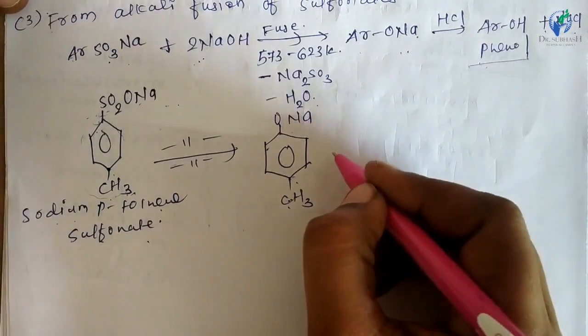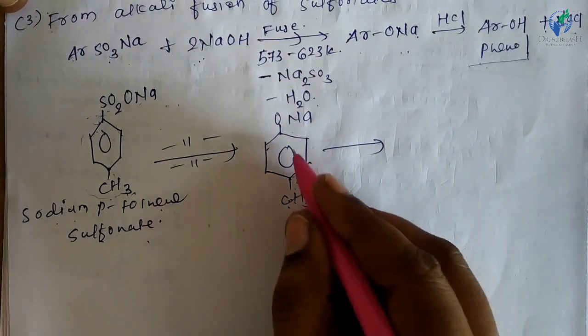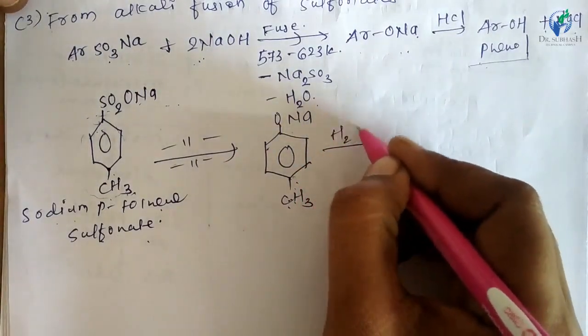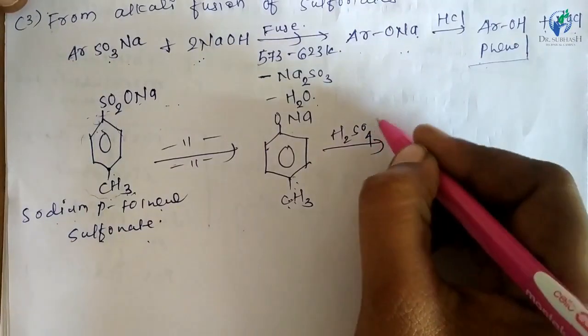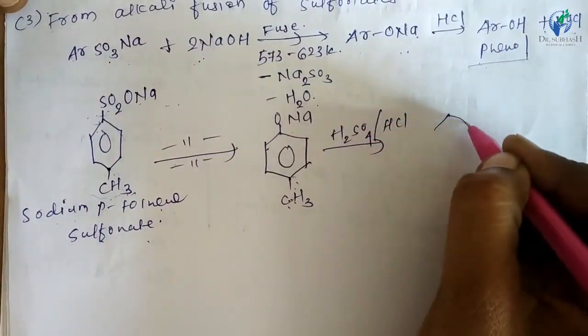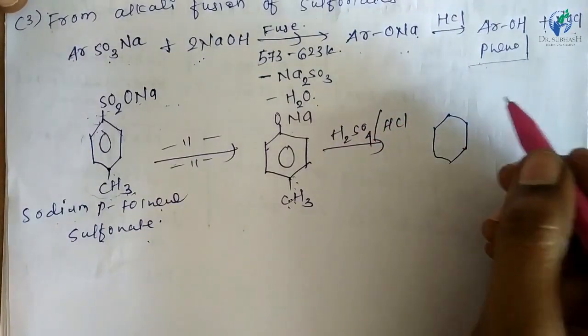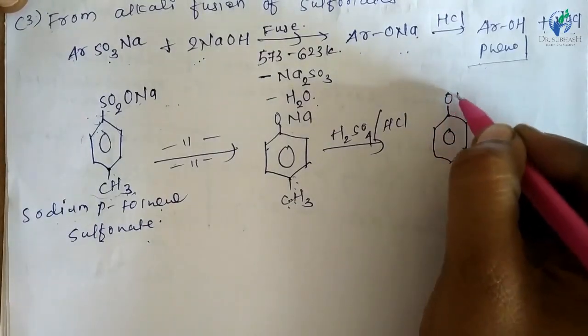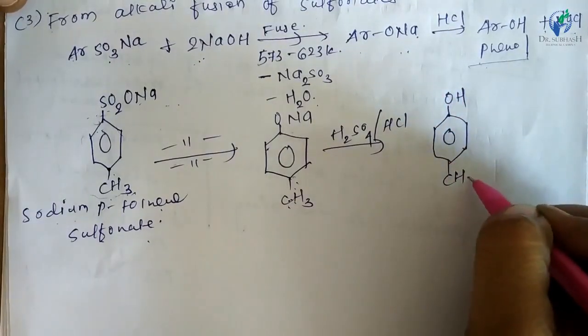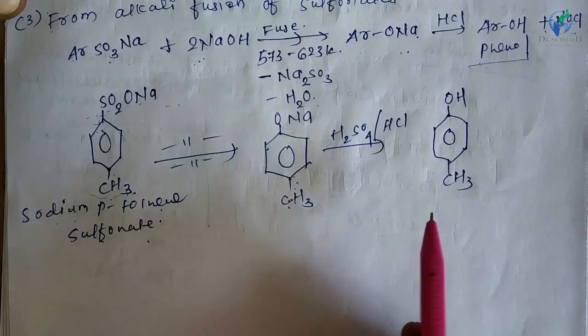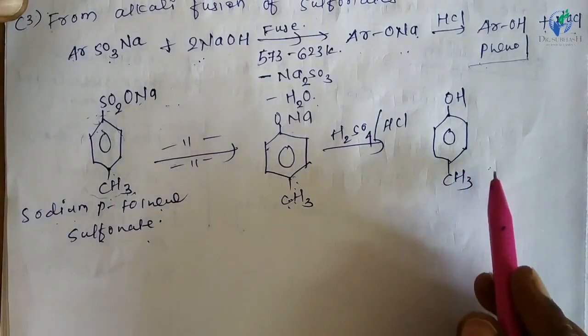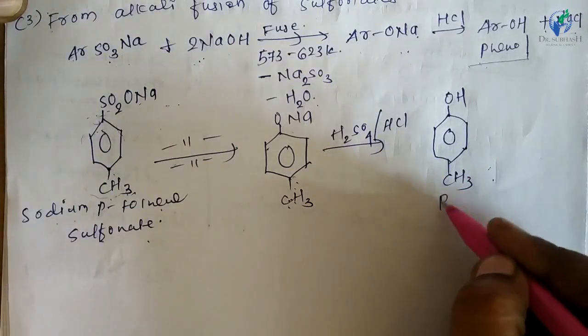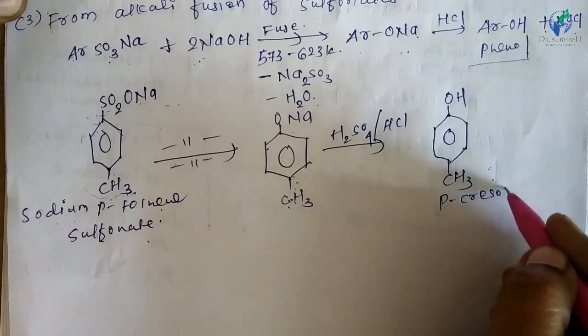Then this paramethyl sodium phenoxide on acidification, you can use sulfuric acid or hydrochloric acid for acidification, is converted into the corresponding phenol. By using this method we can prepare substituted phenol. This one is paracresol.